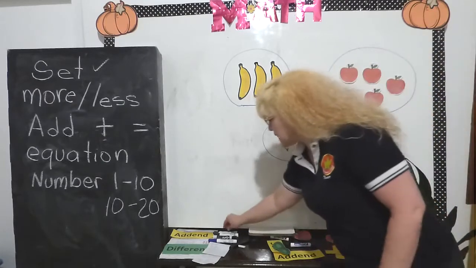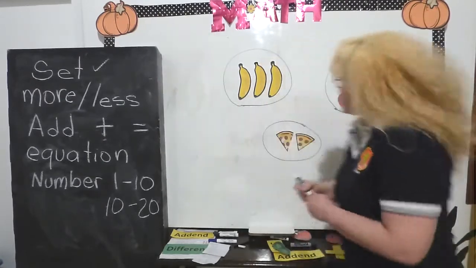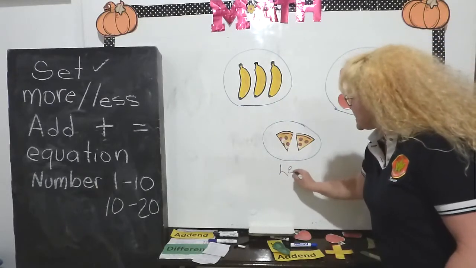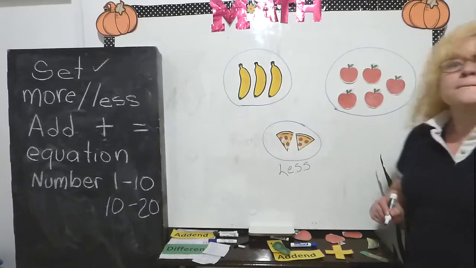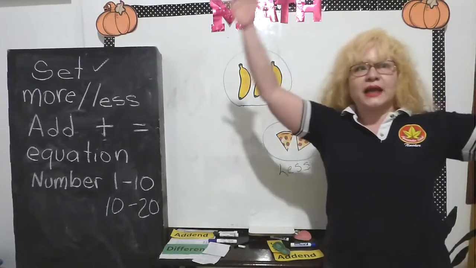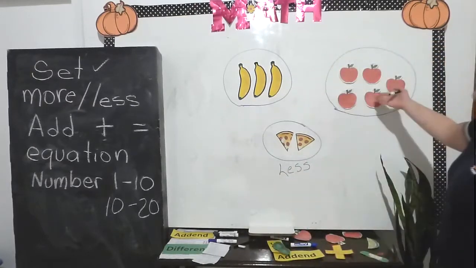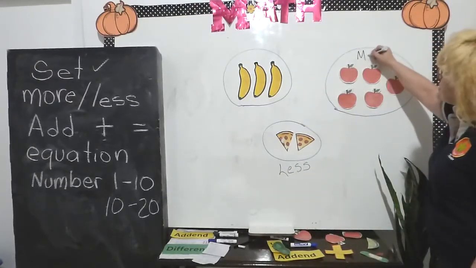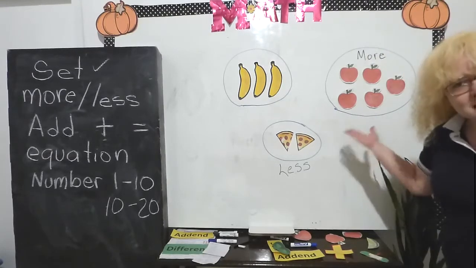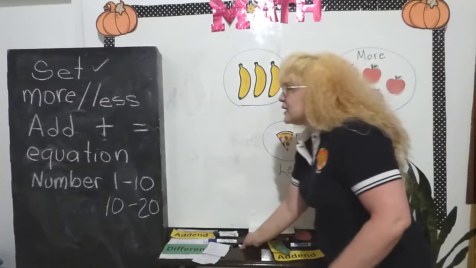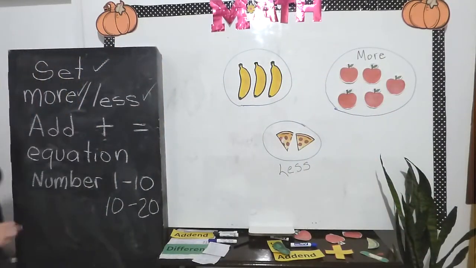Less, like a mosquito. Yes, pizza has less. Which one has more? Big like an elephant. More. Yes, this one has more. Perfect, easy, right? More, less.